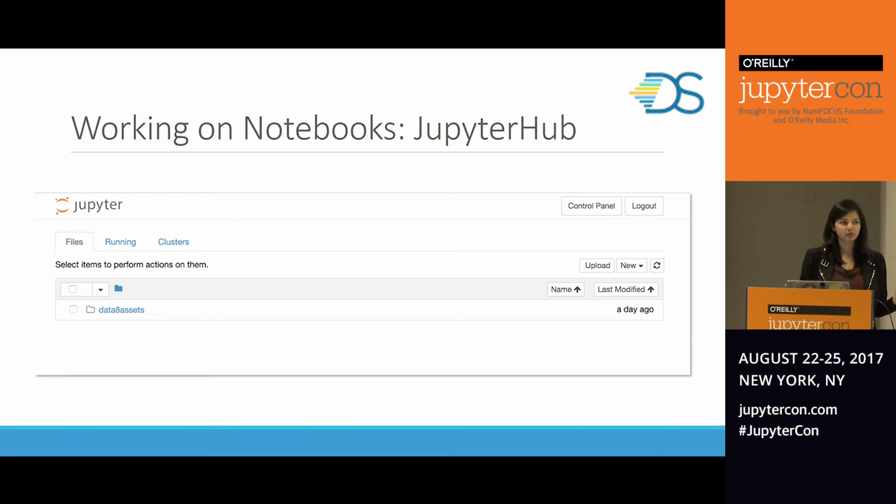The first time a student logs in, they get a personal account created for them, and they have their own file system on the hub, and it persists throughout the semester. So basically what this means is that instead of seeing all of that installation and setup on day one and week one, because it takes forever to get through, students are able to interact with real code and see demos and actually do things in class right on the first day.